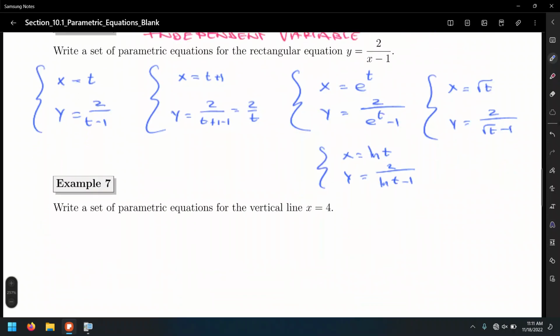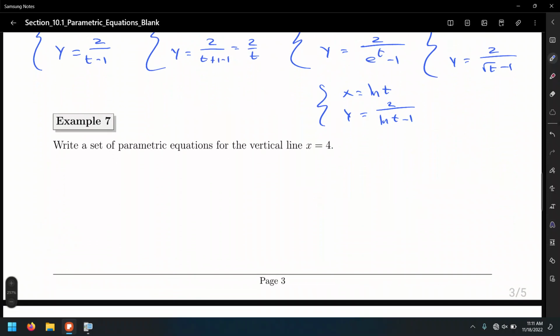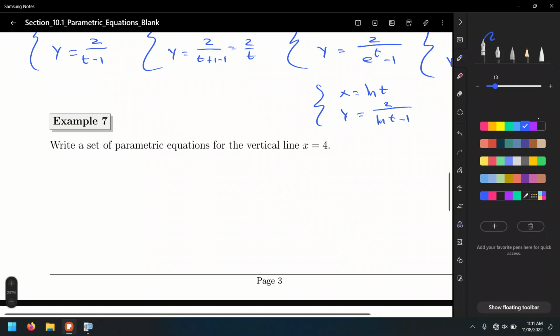Write a set of parametric equations for the vertical line x equals 4. All right, let's draw the vertical line. x equals 4. 1, 2, 3, 4. And that's our vertical line. x equals 4, not y equals 4.